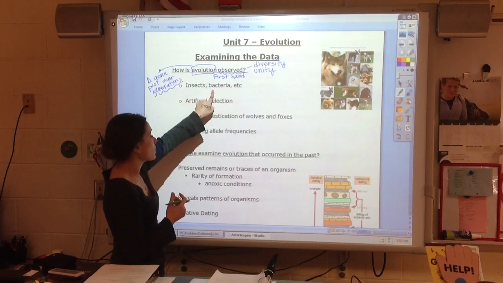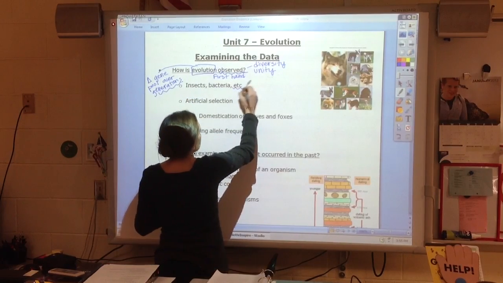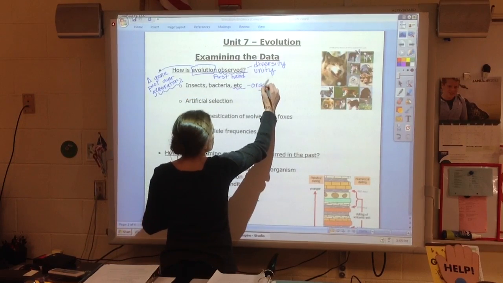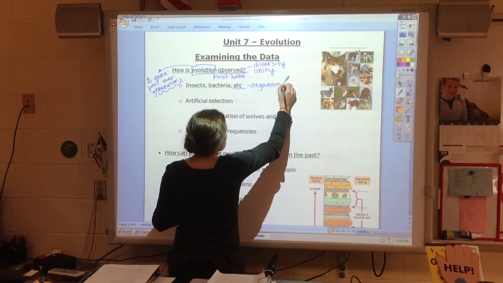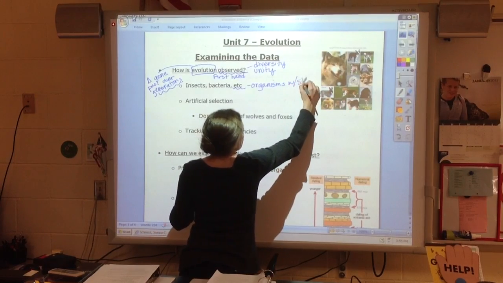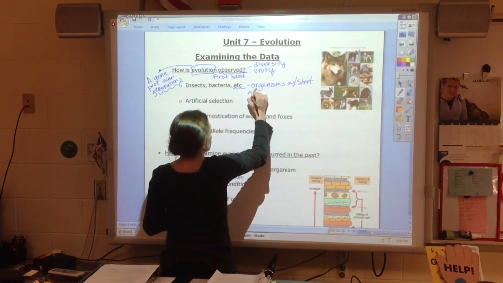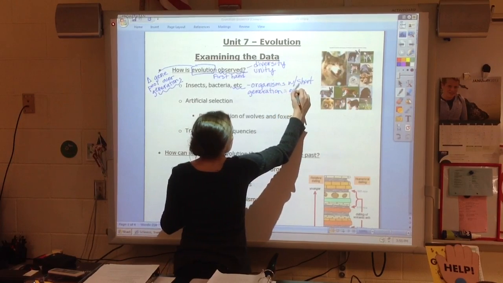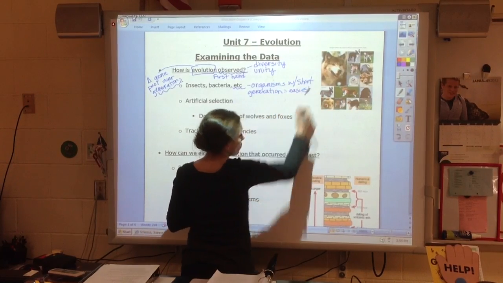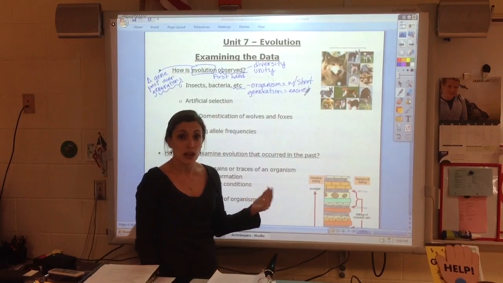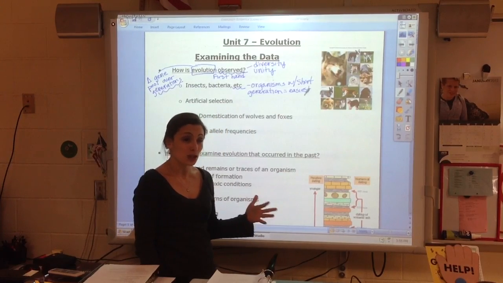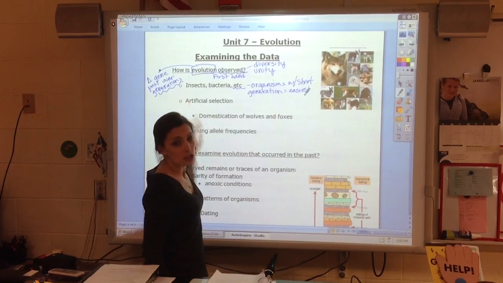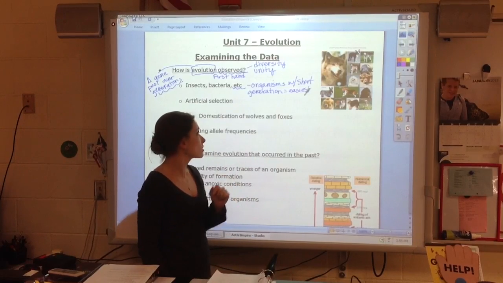So insects and bacteria and other organisms with short generation periods. These are the organisms that are the easiest to observe natural selection and evolution in their population, because I need to track a population over multiple generations.